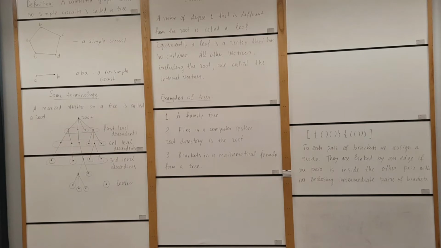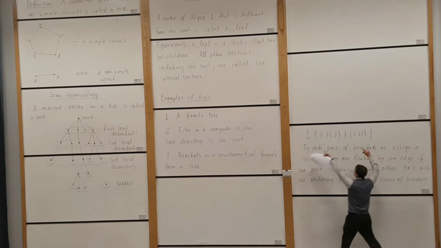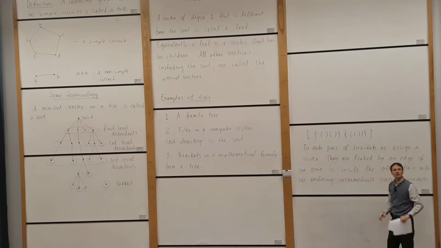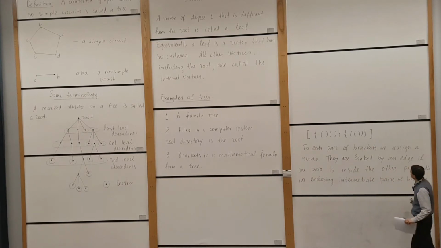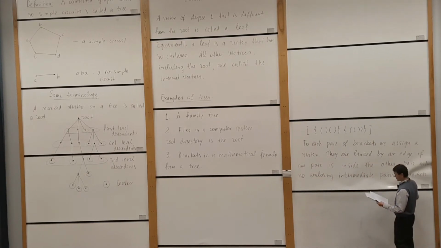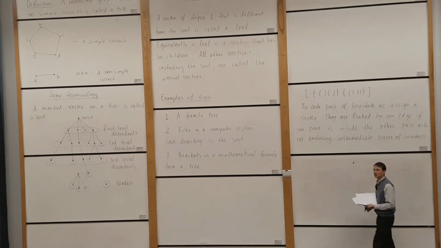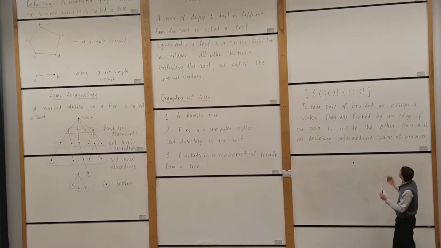And I can take the outside, the largest pair of brackets inside which all others are contained, and choose this as a root. So this root is easily identifiable.